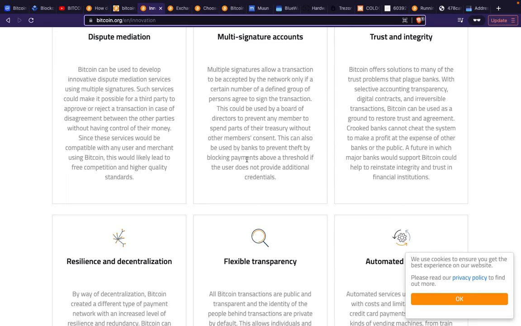There's trust on the blockchain, right? So Bitcoin can be used as a ground to store trust and agreement, right? As you know, there's a lack of trust in institutions. Bitcoin can reinstall this trust between us.